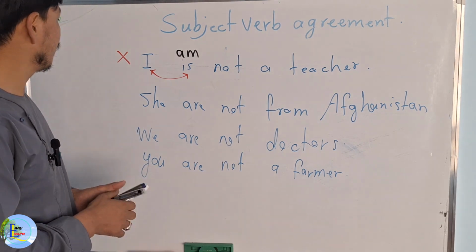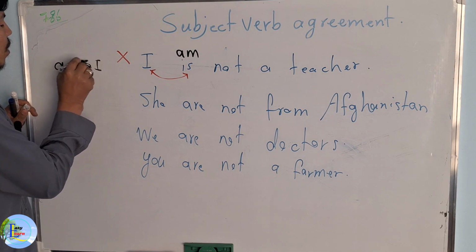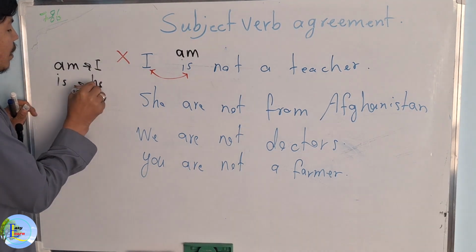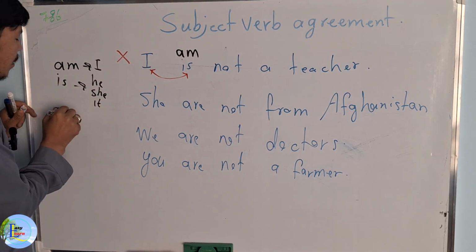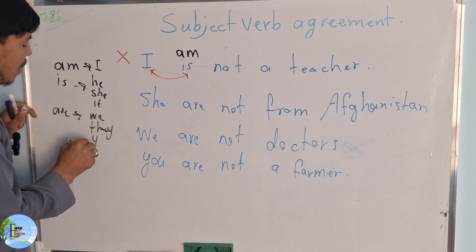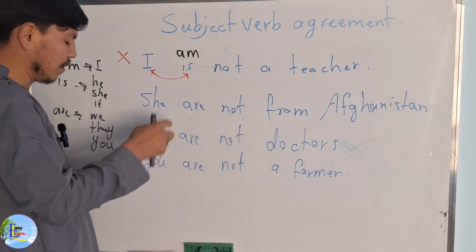We use am with I, is with he, she, and it, and are with we, they, and you. So this sentence is not correct.